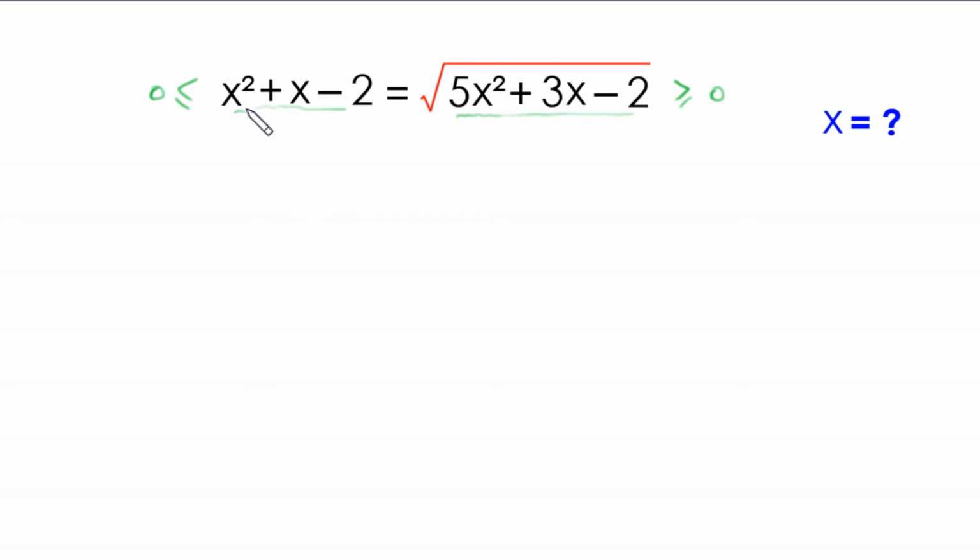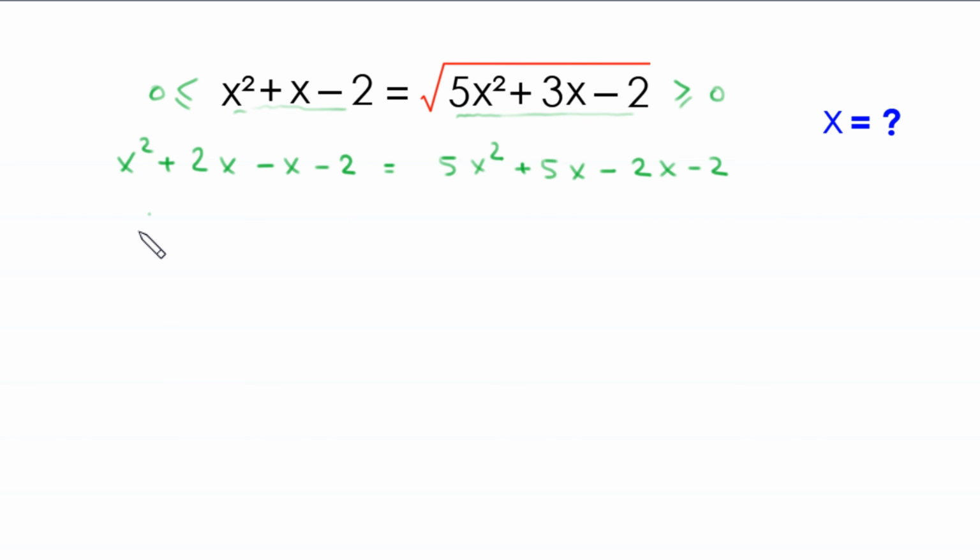We can factorize the left hand side as x squared plus x minus 2 equals x plus 2 times x minus 1, and the right hand side can be factorized as 5x squared plus 3x minus 2 equals 5x squared plus 5x minus 2x minus 2.